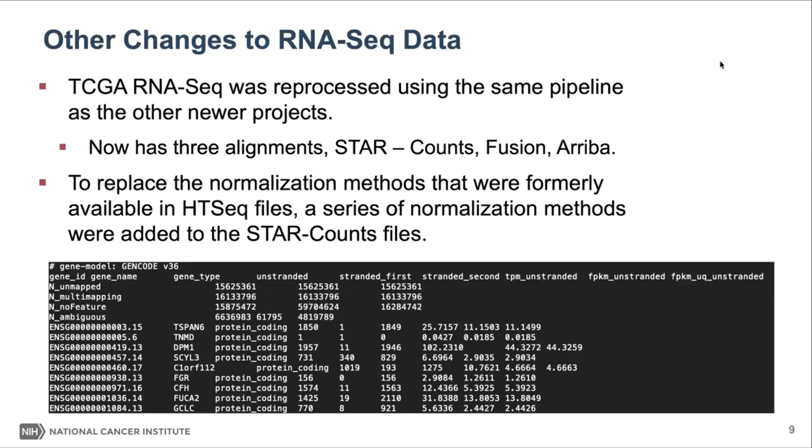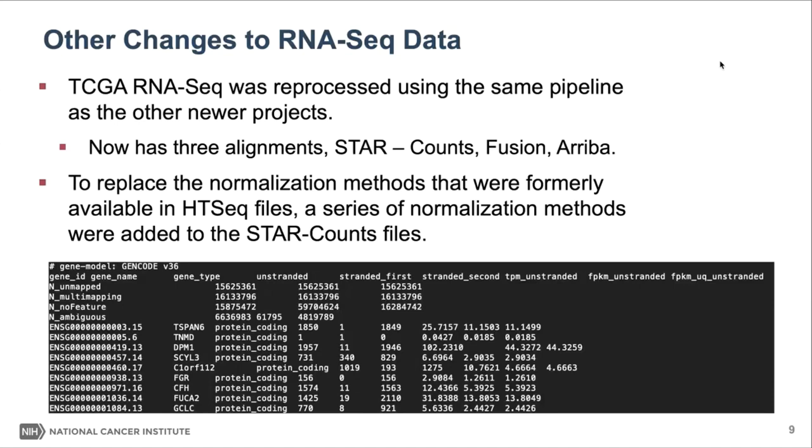This includes now TCGA data, when it didn't before, has 3 alignments, a star counts file, and the fusion files from Ariba.